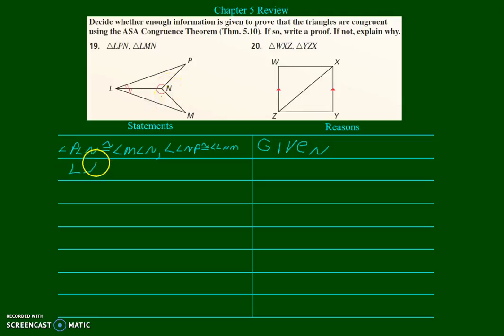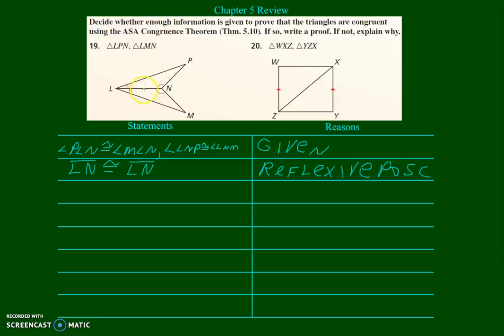So LN is congruent to LN, and that is the reflexive property of segment congruence.